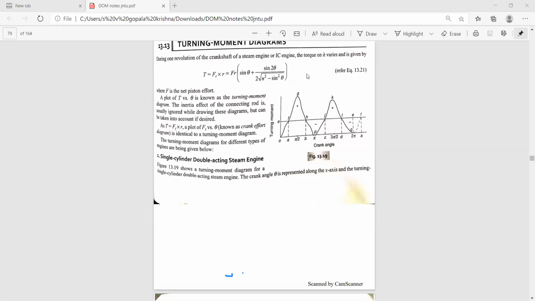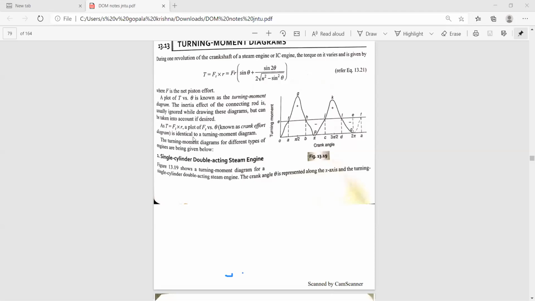When we draw our turning moment diagram, we may neglect the inertia effect, and if required, we may also consider it.